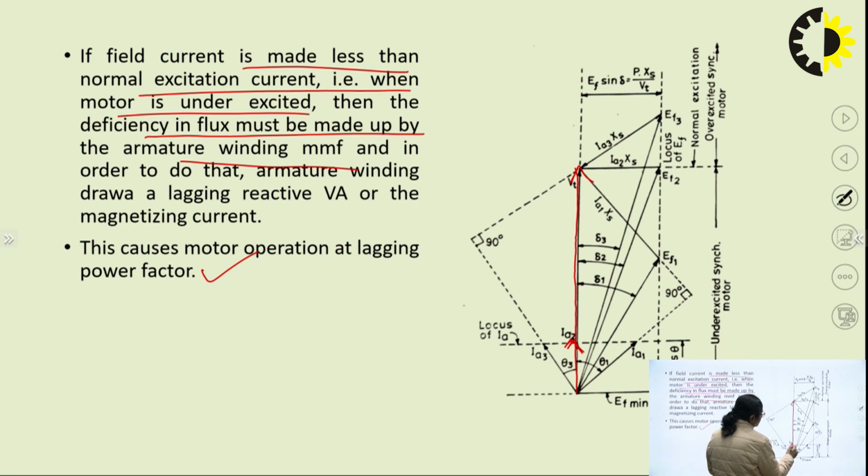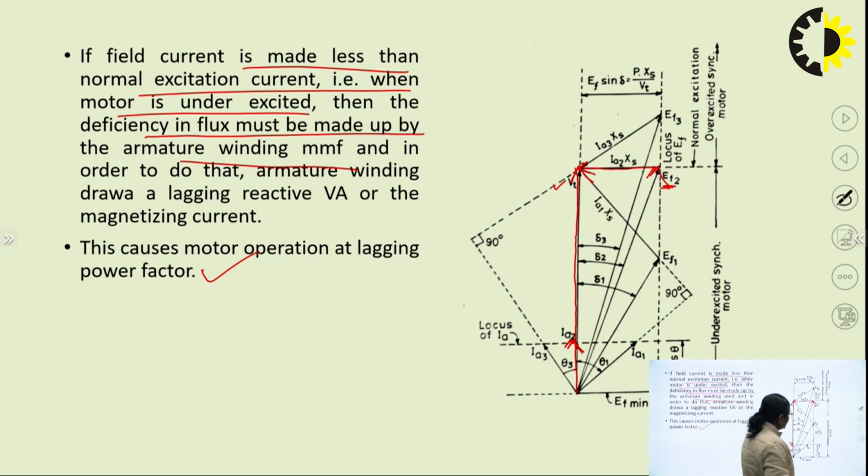The current would be in phase with the terminal voltage Vt, right? The phasor sum of the excitation EMF under this condition, which is EF2, and the voltage drop IA2 Xs can be shown to be equal to the terminal voltage Vt, right?